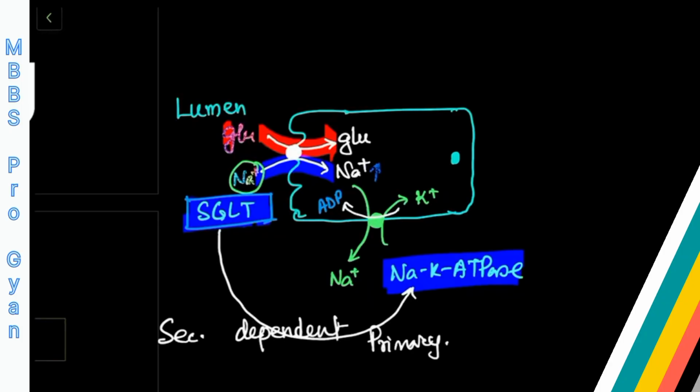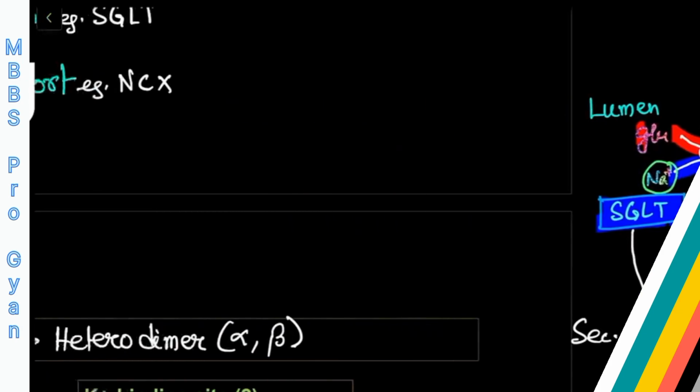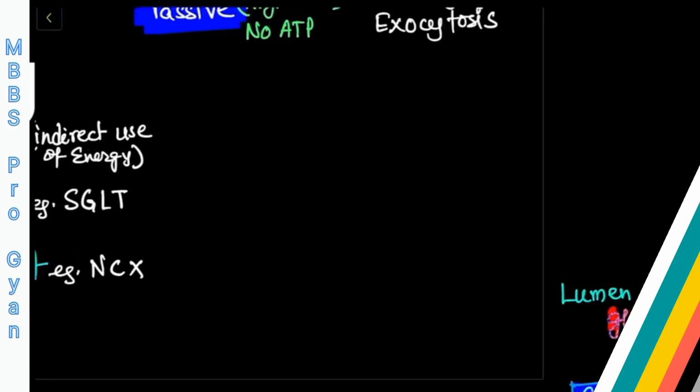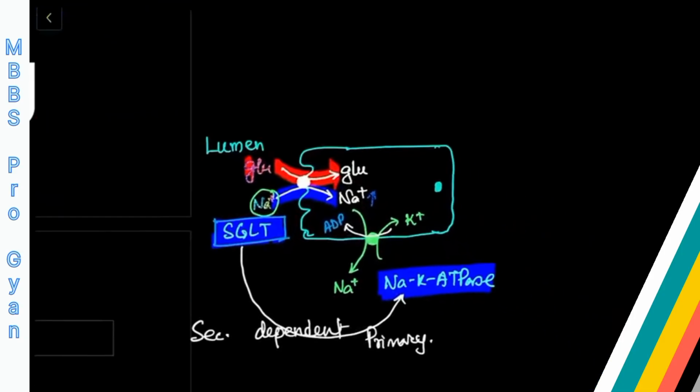The energy is utilized by the sodium potassium ATPase pump, but SGLT is dependent on that. That's why secondary active transport means indirect use of energy. This is the meaning of secondary active transporter.